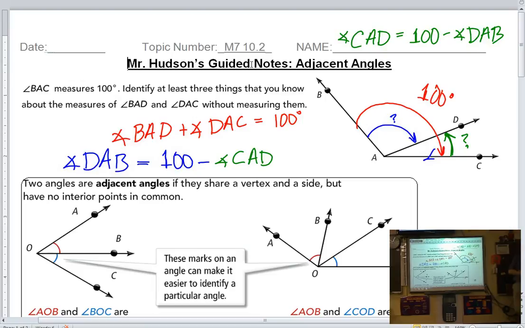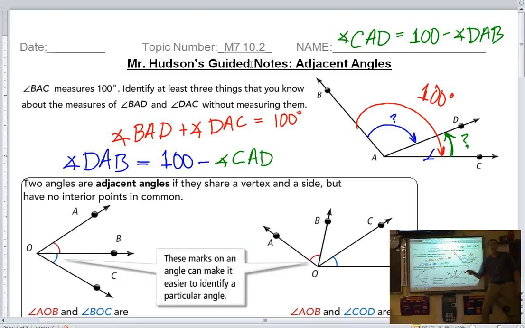And that's pretty much what we know about them. One student was trying to argue with me that one of them has to be acute. What if they're both acute? They could both be acute. Somebody tried to argue that this was 90, but it looks more than 90 to me. It looks like 95.